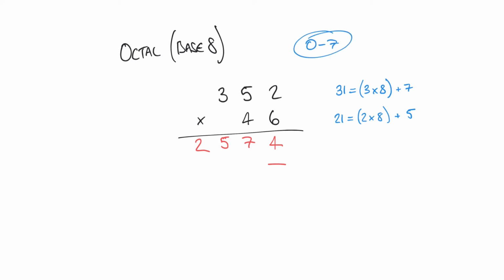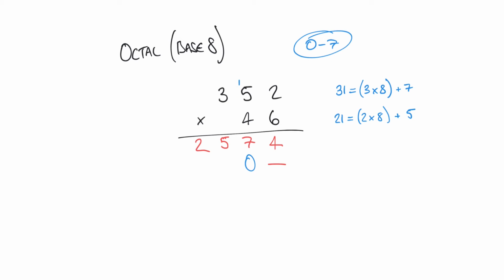And so straight away I have to carry that one group of 8, that one base of 8, to the next column. We just did 4 times 2, so we'll carry our 1 to here. And because we've carried all of that 8, we're left here with 0. Next up is 4 times 5, which is 20, but not forgetting to add that 1, which is 21.